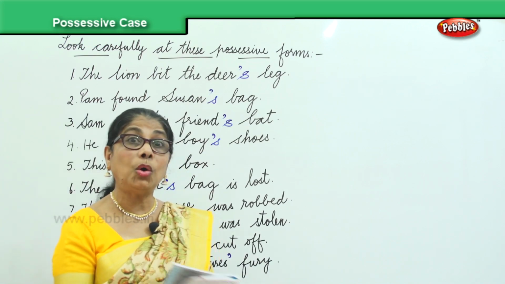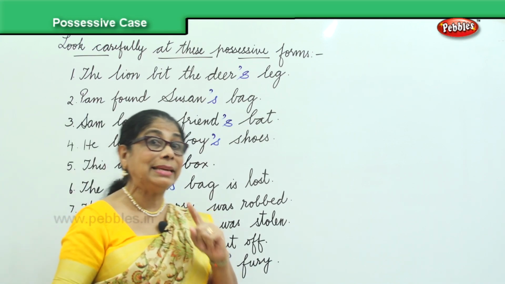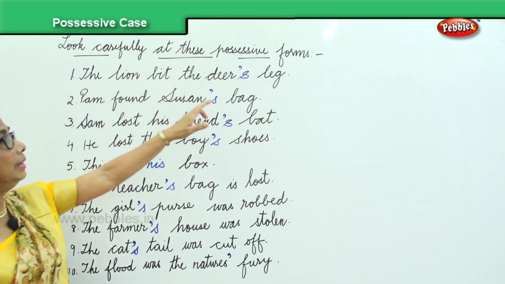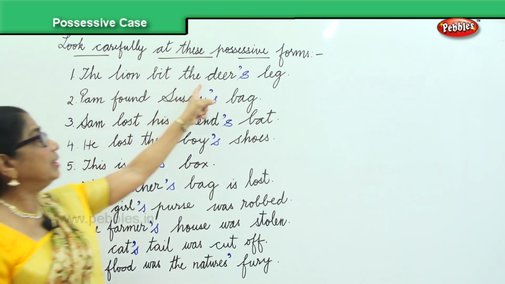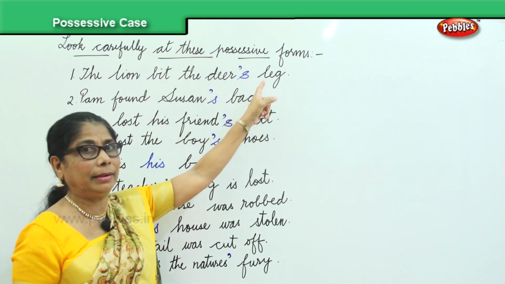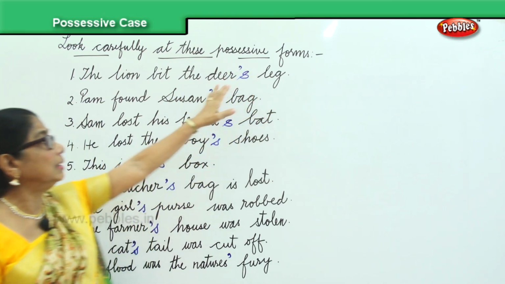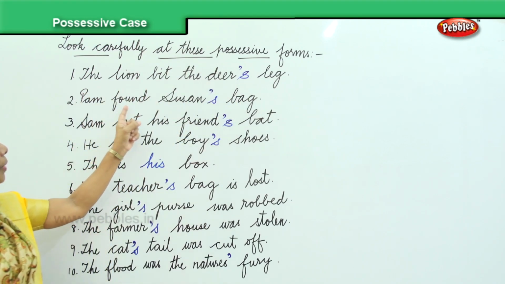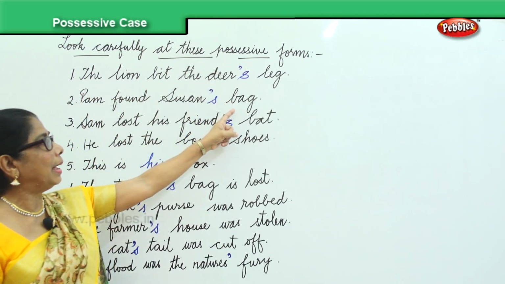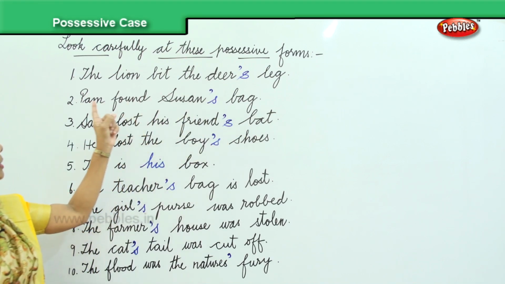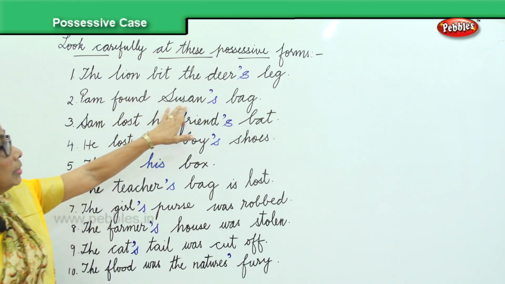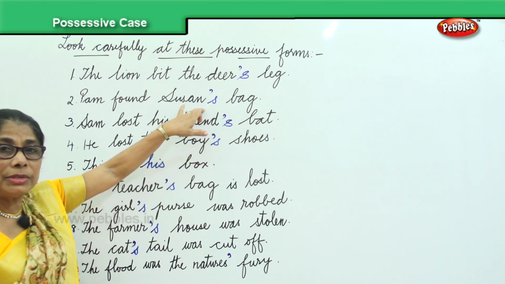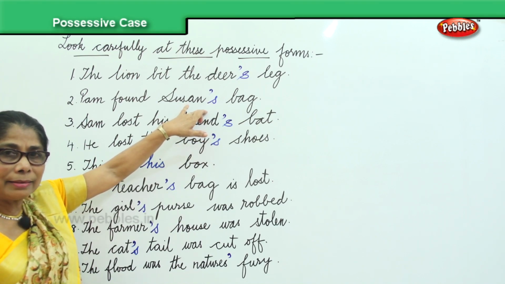Now let's look at all the possessive form sentences we have done. Here, the lion bit the deer's leg. Whose leg? The deer's leg. Apostrophe S to show possessive form. Pam found Susan's bag. Whose bag did she find? She found Susan's. Susan, apostrophe S, belongs to Susan's bag.